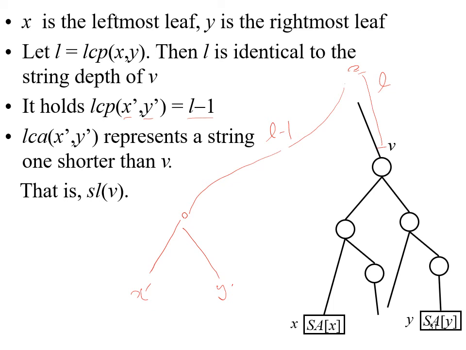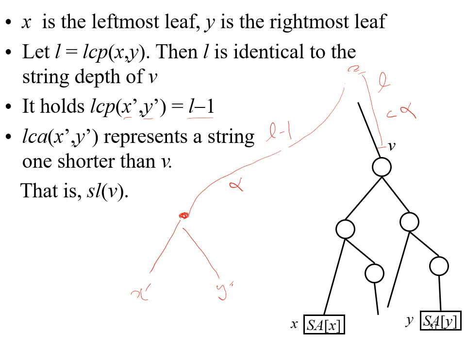So this node represents a string of length L minus 1, and the label of v is maybe C alpha, and the label of this node is alpha, because x prime and y prime are suffixes of x and y.